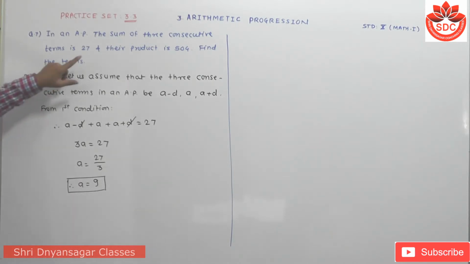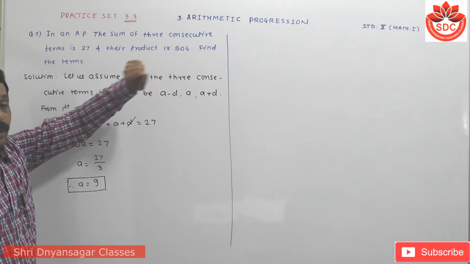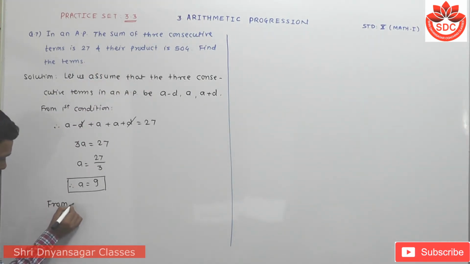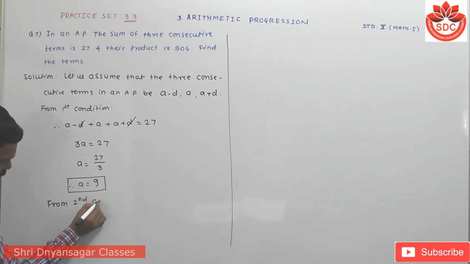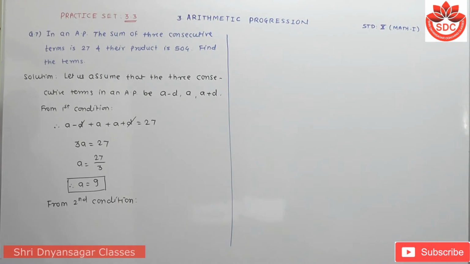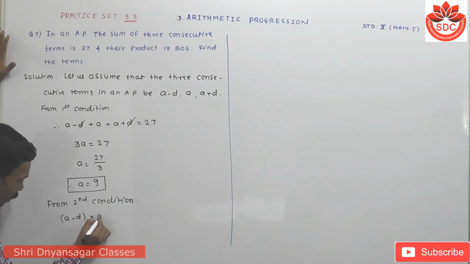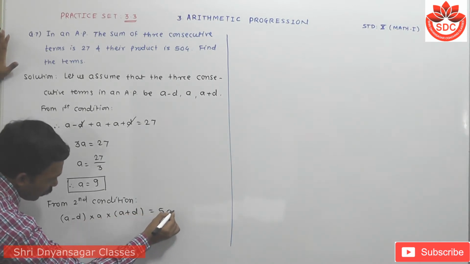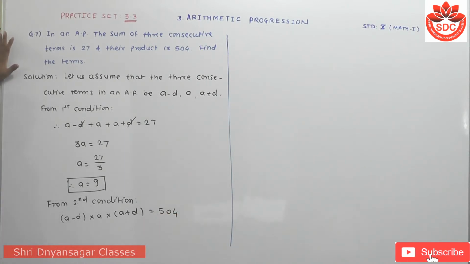Then student, the second condition is that their product is 504. So I write from the second condition: this condition tells us that their product, meaning a minus d into a plus d is equal to how much? 504. Student, look carefully. We have to substitute the values here.